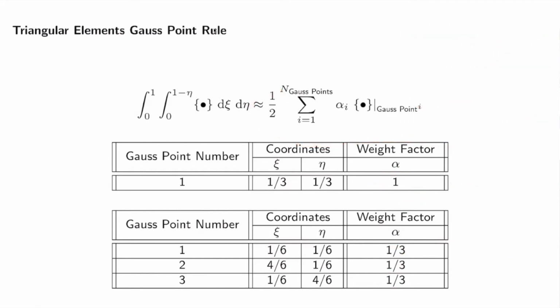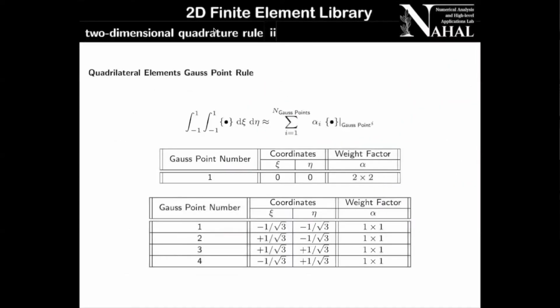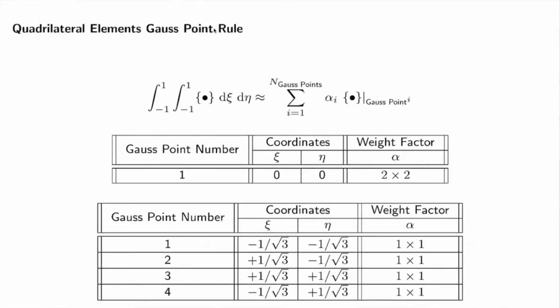So why am I saying that? Because if you think of the same integral, but now not for triangular elements, but for quadrilateral elements, you see now the weight factor is 4. Okay, so there is a 1 here instead of 1/2, and the weight factors are, if it is 1 point, 4. If it is 4 points, it's 4 times 1.